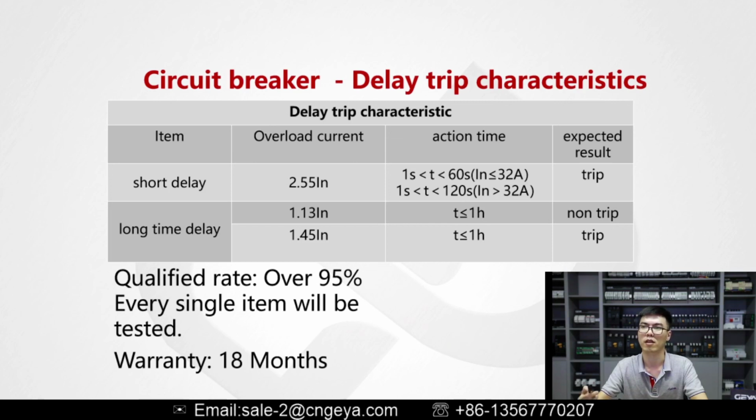This is for the miniature circuit breaker below 32 amperes. For circuit breakers over 32 amperes, the action time should be from 1 second to 2 minutes. And the result should be qualified.